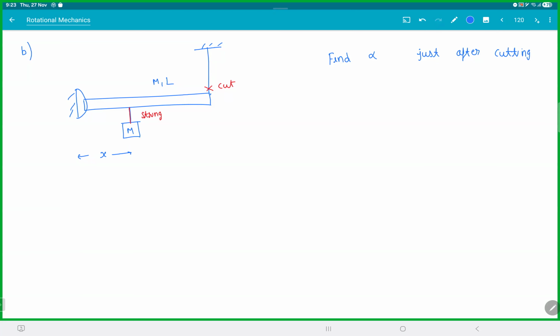Same question as the previous one, except this time I kept a block attached instead of this thing.